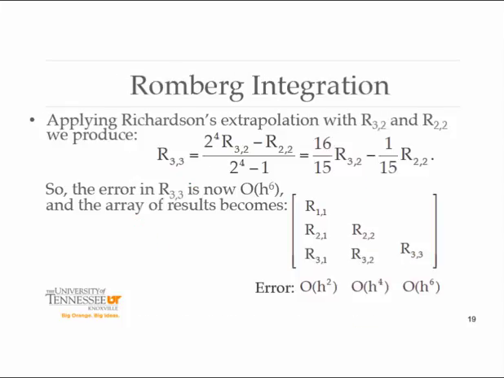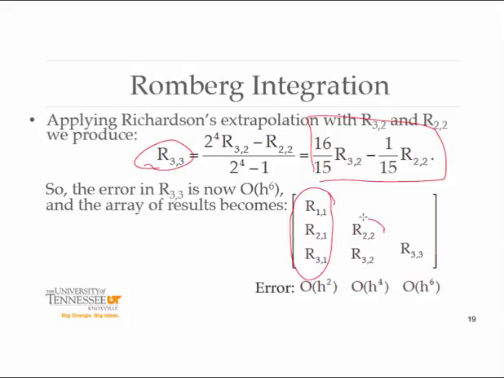In fact, again, we could do another extrapolation and produce this value called R3,3, and numerically this is what it would look like. So the error in R3,3 now is O of h to the sixth. What's interesting now is all of these approximations, which don't involve extrapolation, are order h squared.